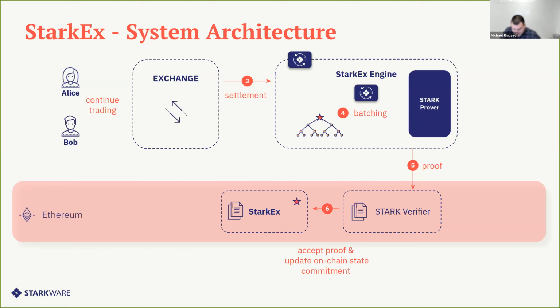In this case, the users should be able to withdraw their funds by showing their balances and authentication path to this root. First of all, before I go to this malicious scenario, if everything is okay and the exchange is trustworthy, then the users can just ask the exchange what are their balances and it can tell them.